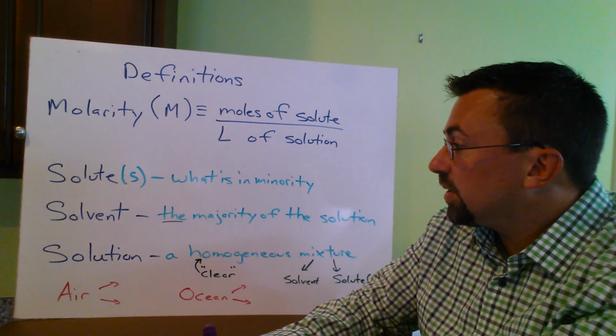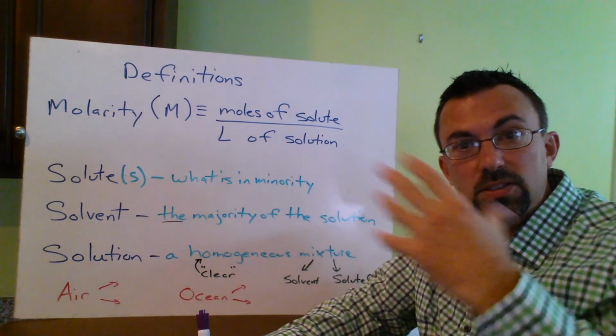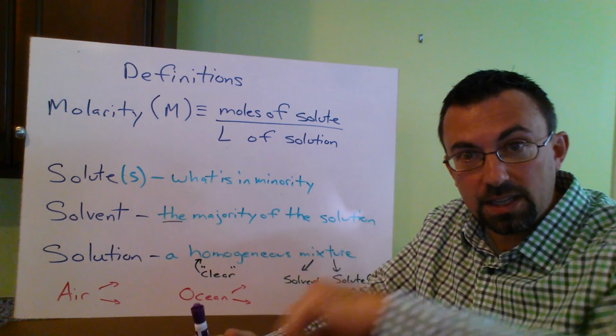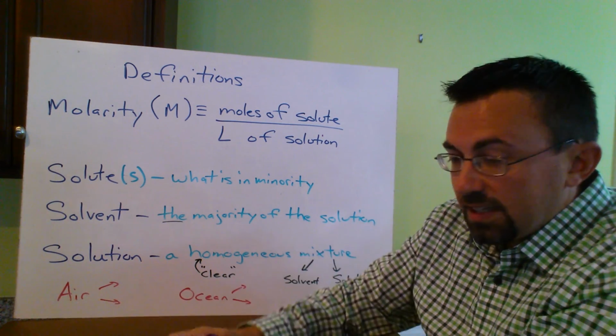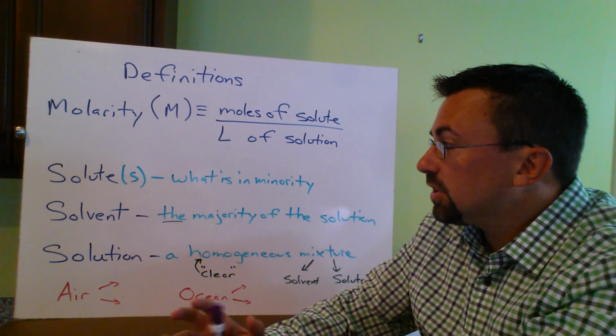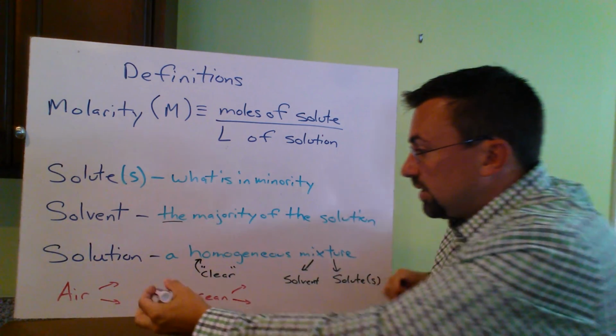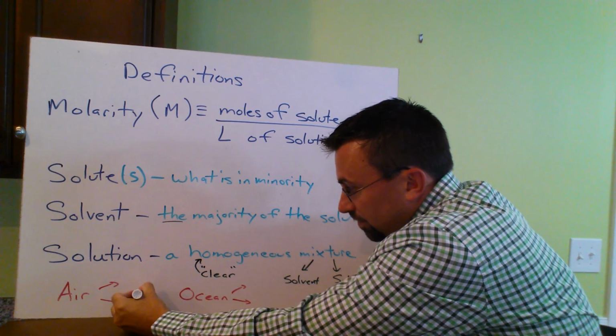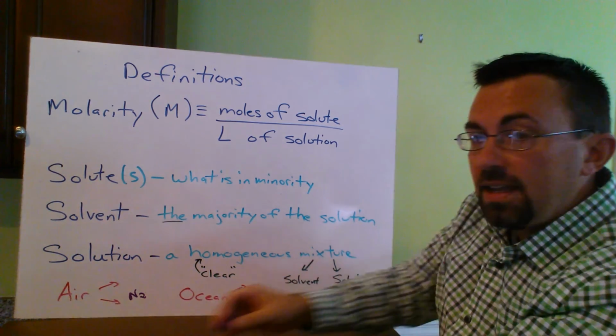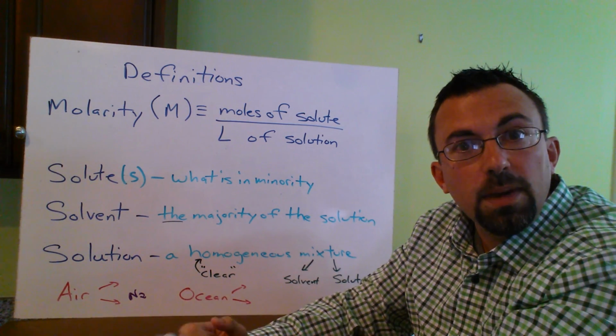So an example of something I can see through that looks clear is the air between my eyes and the camera. So let's take the air. What's the major component or the solvent in the air? We would say the major component is, very good, nitrogen. And what are some of the minor components?